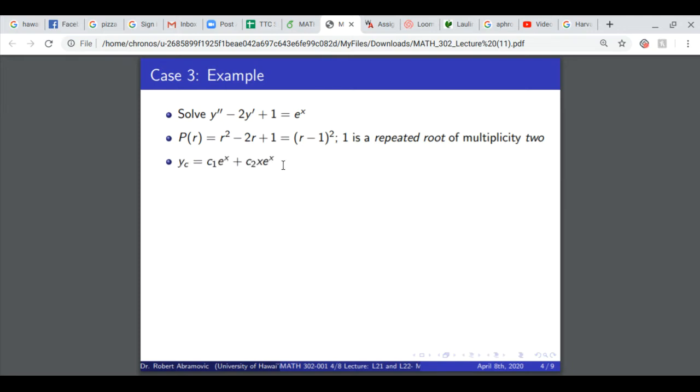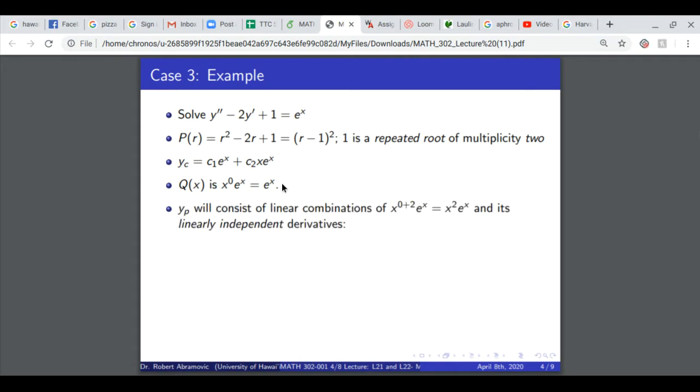We've seen in last week's lectures that we can obtain a solution of the homogeneous differential equation, where the e to the x is replaced with 0: c1 e to the x plus c2 x e to the x. q of x is just x to the 0 times the first term of yc, ignoring the constant parameter c1. That means yp, the particular solution, will consist of linear combinations of x to the 0 plus 2.